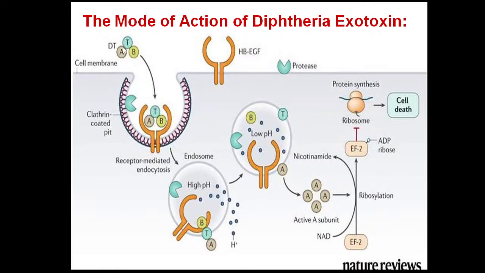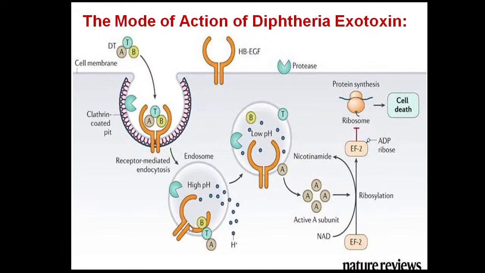When it binds to the receptor suitable for diphtheria exotoxin, the receptor together with the toxin is taken in by receptor-mediated endocytosis, and the endosome is formed.